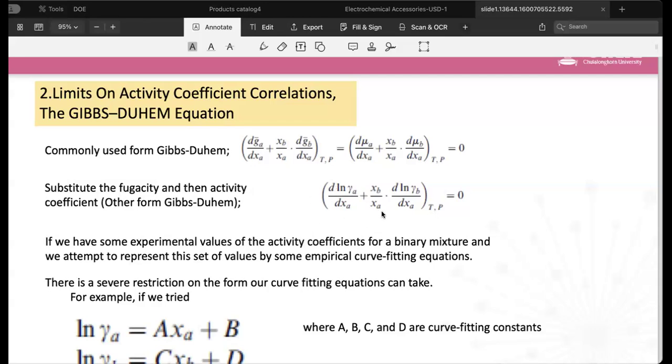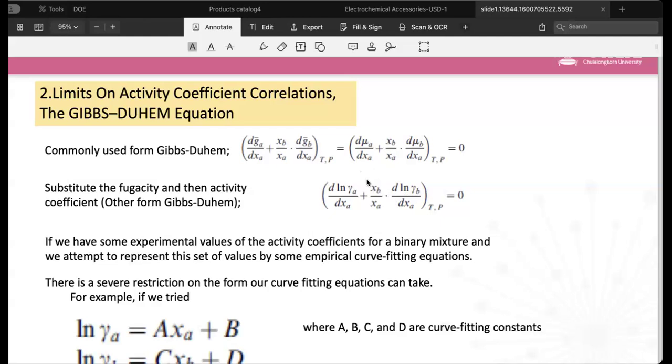After the class you check the Gibbs-Duhem equation again, and then you will see. Okay, and log gamma is also a thermodynamic property, so it must follow the Gibbs-Duhem equation also. So you see that all the experimental data must follow the Gibbs-Duhem equation, because the Gibbs-Duhem equation is a mathematical property.